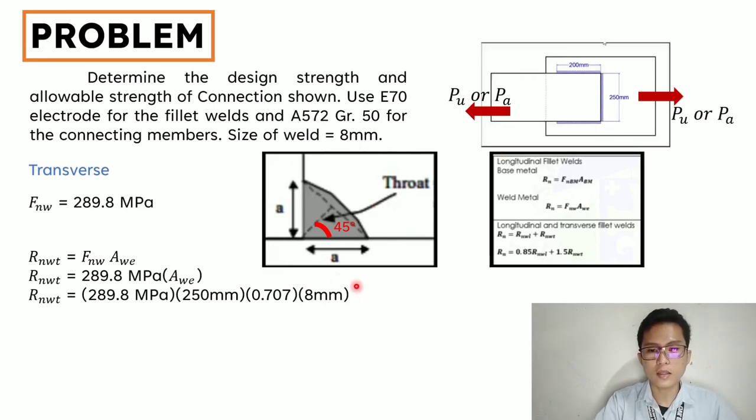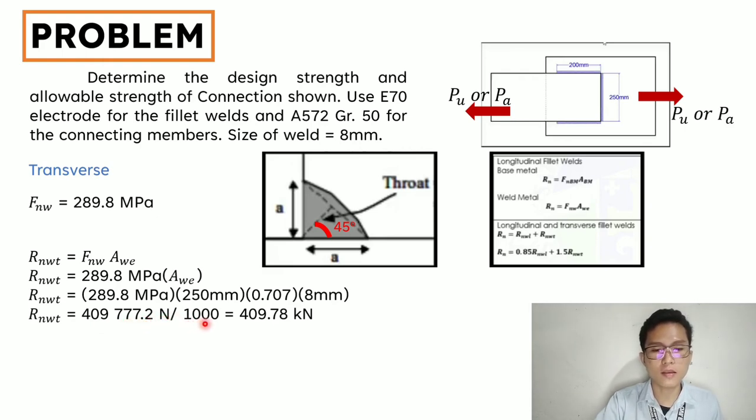So in R sub NWT, we will get 409,777.2 newtons, and we will convert it into kilonewtons by dividing it by 1000. We will now have 409.78 kilonewtons.